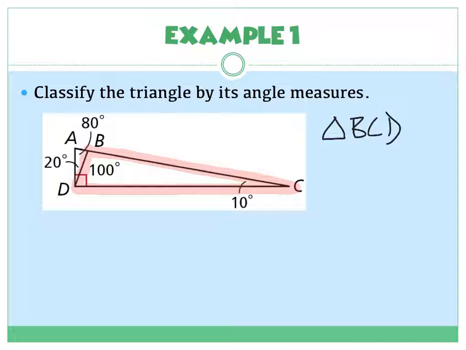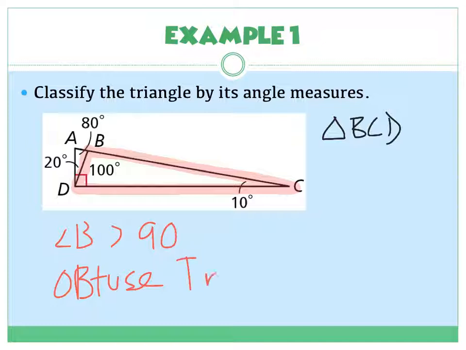So what makes an angle obtuse? It's above 90 degrees. If one of the angles is above 90 degrees. So here we have an angle that's 100. So since angle B is greater than 90, it is obtuse.